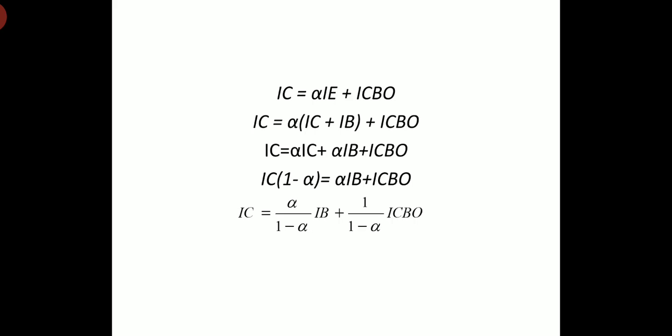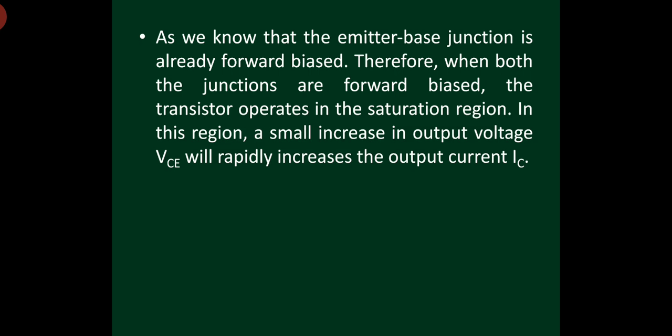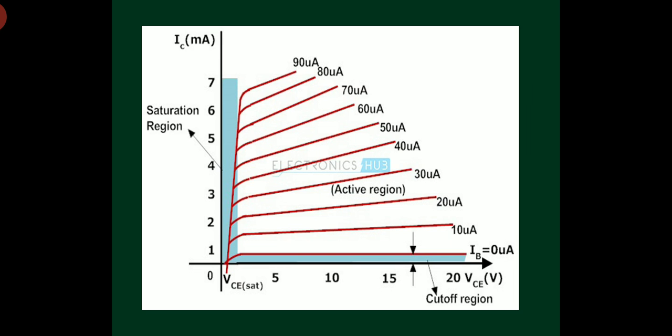Even if alpha varies by a small amount, beta varies by a large amount. That's why we get a slope in common emitter configuration like this. The slope is due to the terms alpha by 1 minus alpha and 1 by 1 minus alpha.